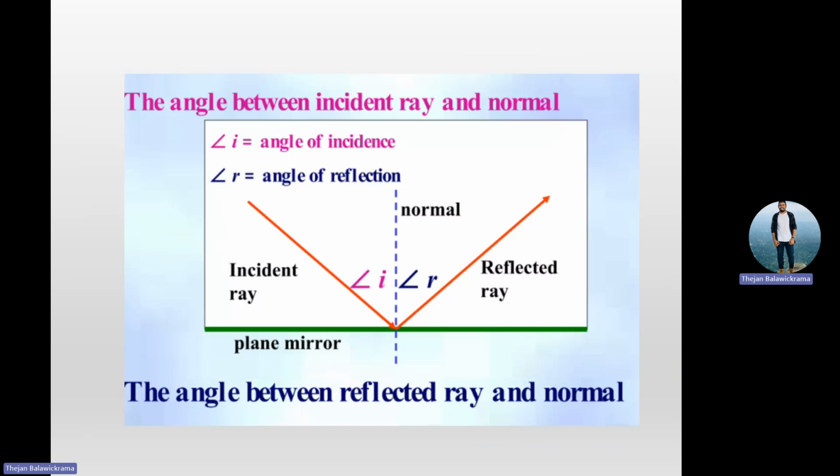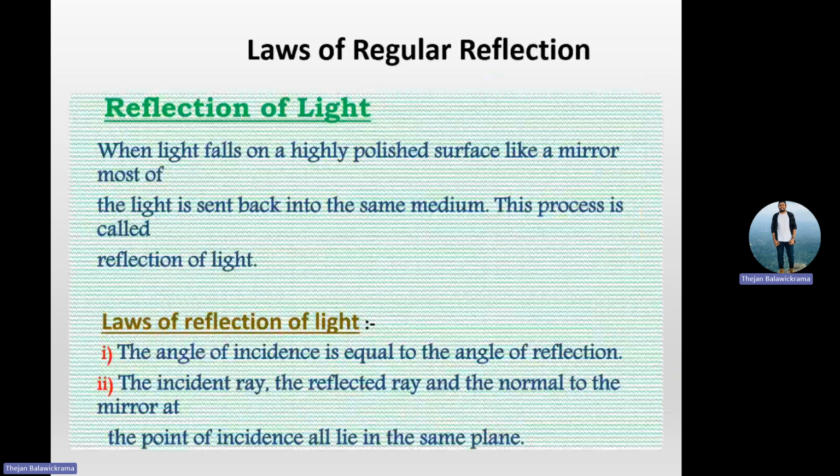There are two laws of reflection. First, the incident ray, the reflected ray and the normal all lie in one plane, and also the angle of reflection is equal to the angle of incidence. These are called the laws of regular reflection.